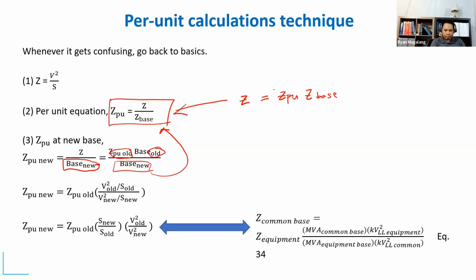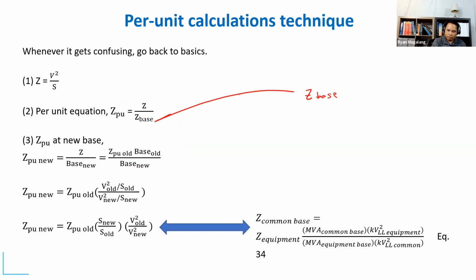And of course, now you can express your base also in terms of MVA. This next iteration of the formula is essentially this one, right?